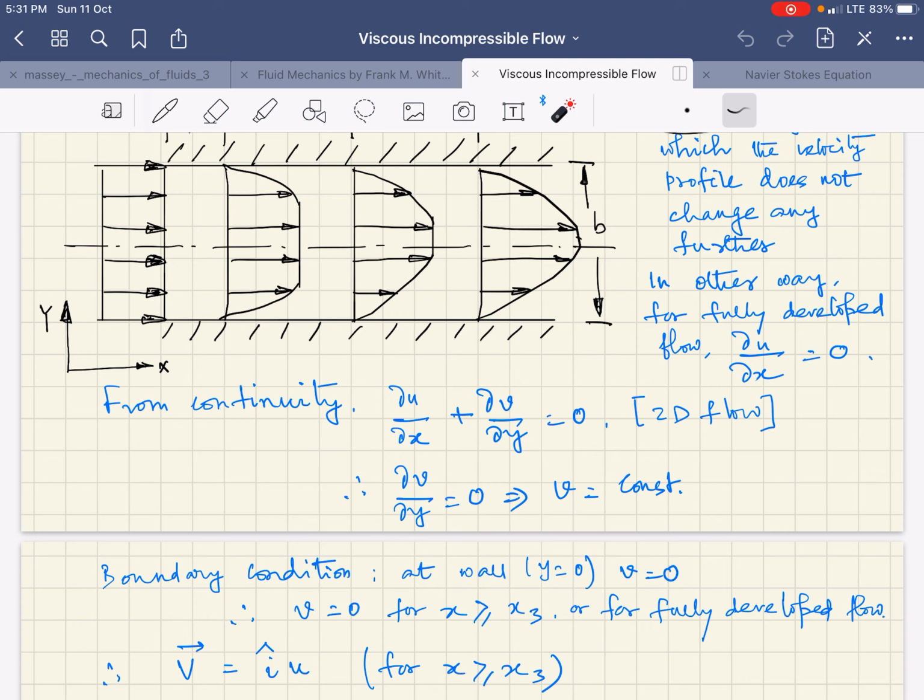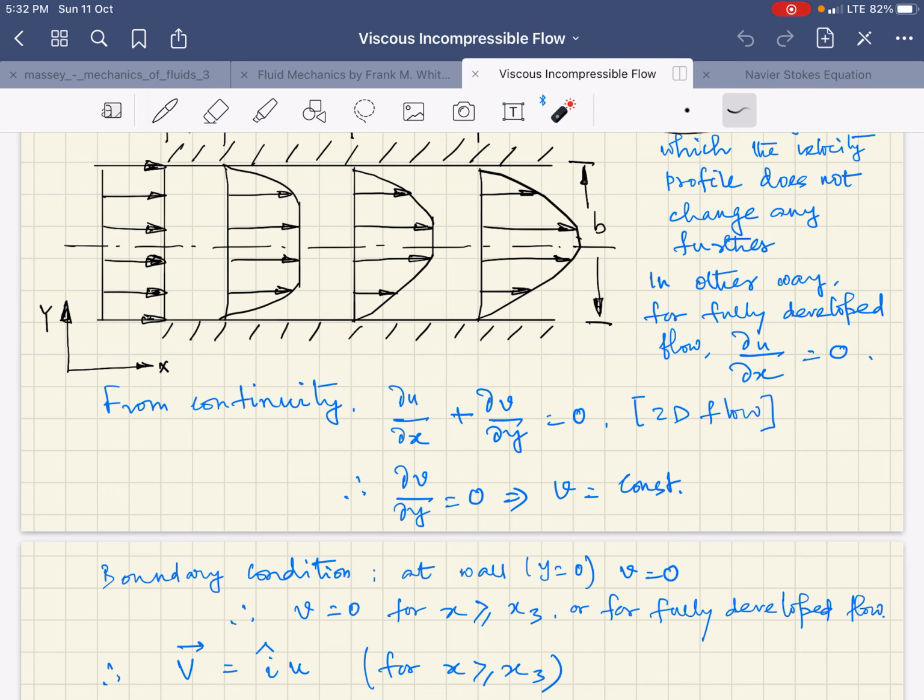Okay, so then let us move on to the mathematical derivation part, and we have in our hand two governing equations. One is the continuity equation, and the other, of course, is the equation of motion. The continuity equation for incompressible flow in the three-dimensional case is del u del x plus del v del y plus del w del z.